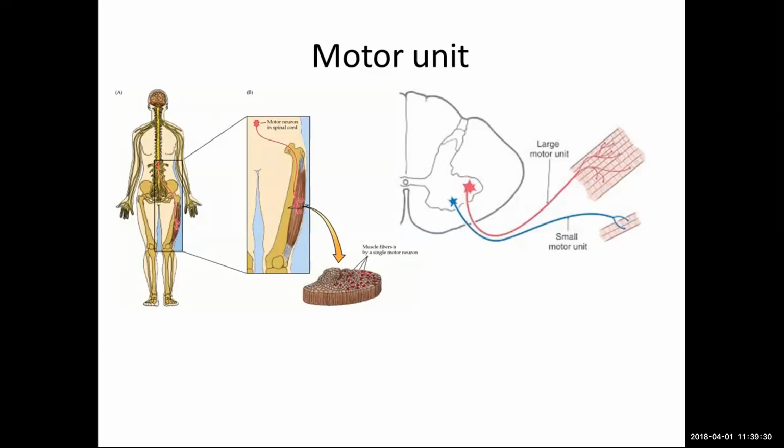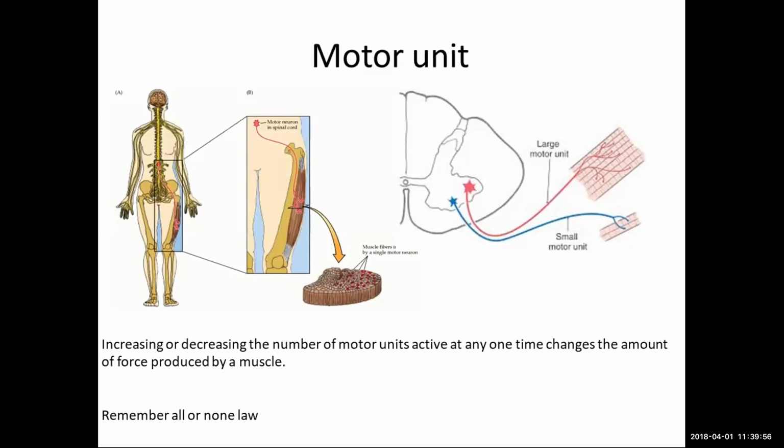There are different ways of classifying that, but for this discussion, we are going to use a simple classification, that is small motor units and large motor units, right? This classification helps you in understanding the recruitment of the fibers. So this is the classification we are going to use.